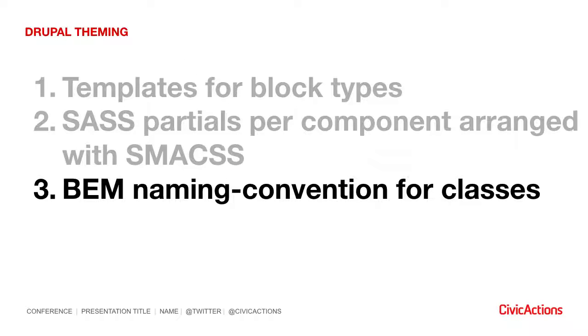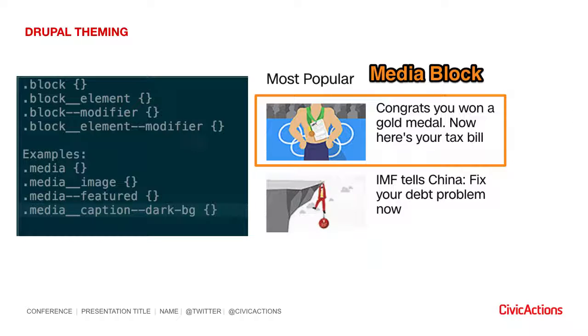And then we also name the classes within each block using BEM, which is block, element, modifier. It's the convention for classes. When you have a block, which is basically the component, you could break it up into elements.